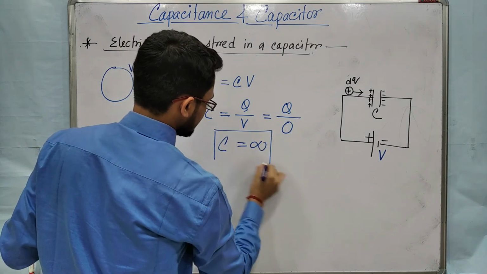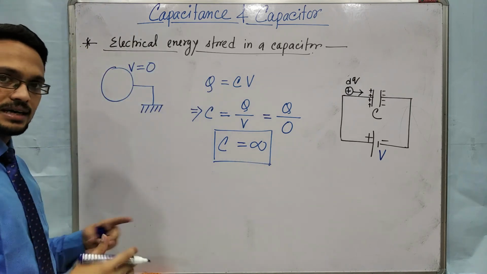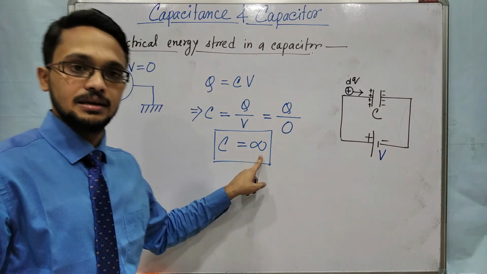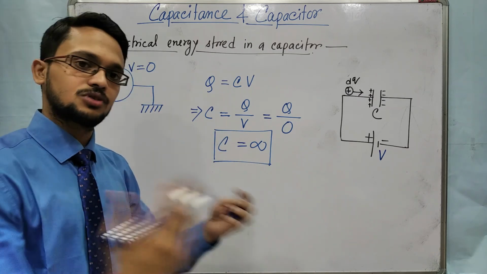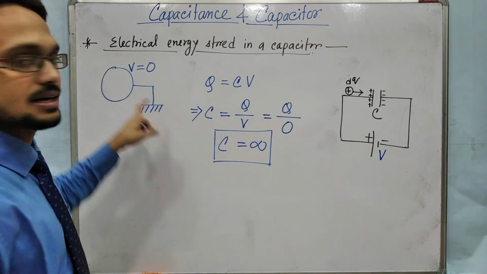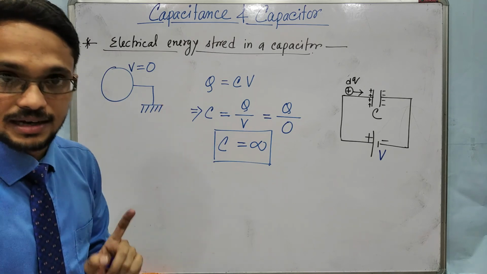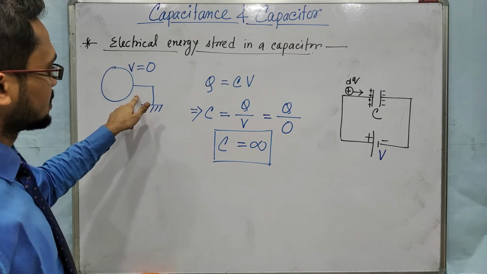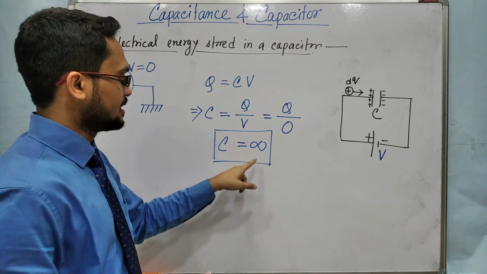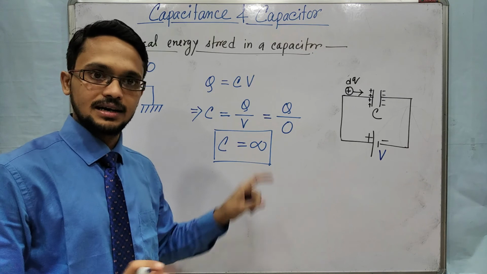So the capacitance of any grounded conductor is infinity. It can hold any amount of charge, lots of charge. So the capacitance of any grounded conductor or grounded capacitor is infinity. Understand?